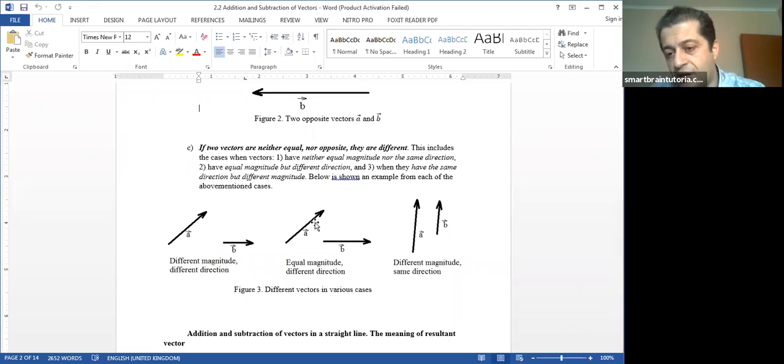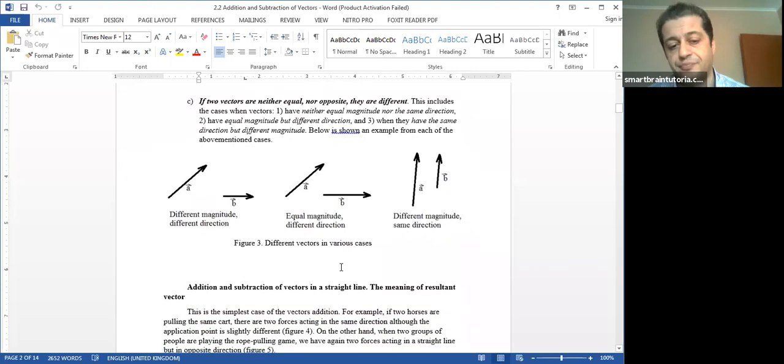All the angles that are neither 0 nor 180 are angles that show different vectors. And the other case is when the vectors are parallel, they have a 0 degree angle between them, but they don't have the same length, the same magnitude. These three cases represent different vectors.